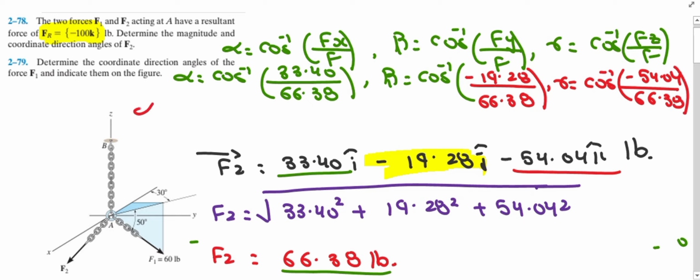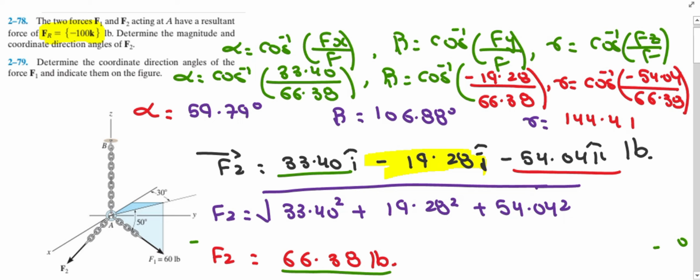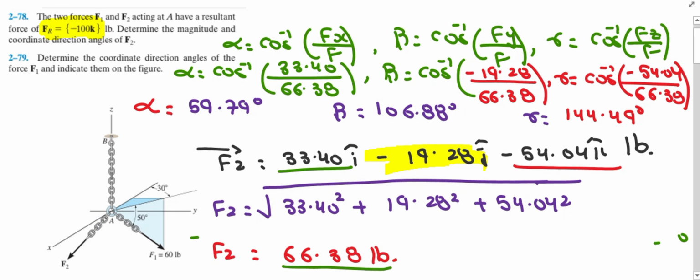So alpha, which is equal to 59.79 degree. Similarly, the value of beta, which is equal to 106.88 degree. And lastly, the value of gamma, which is equal to 144.49 degree. Now, this is all about question number 278.